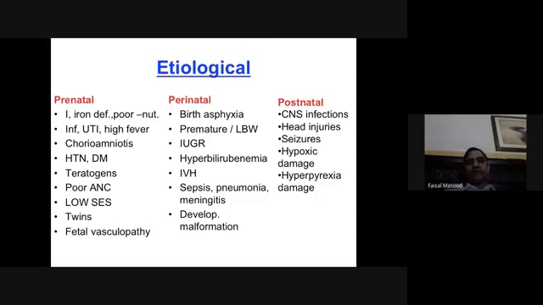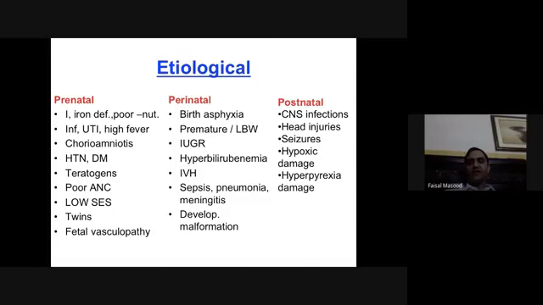So this is the etiological classification. CP can be prenatal: iron deficiency, UTI of the mother, chorioamnionitis, hypertension, uncontrolled diabetes, teratogens, drugs, poor antenatal care, low C-section, twins, fetal vasculopathy.